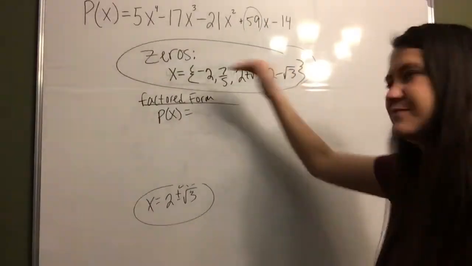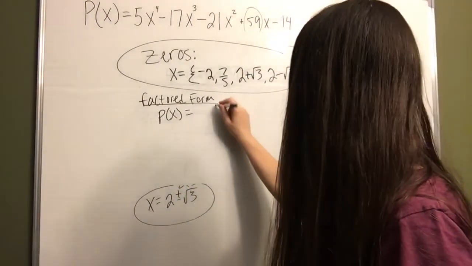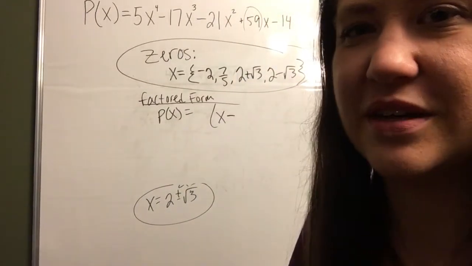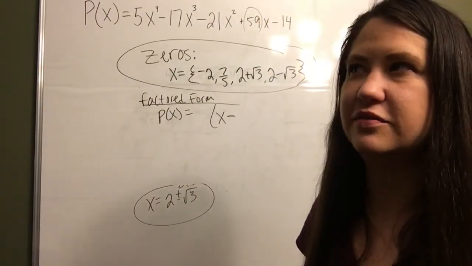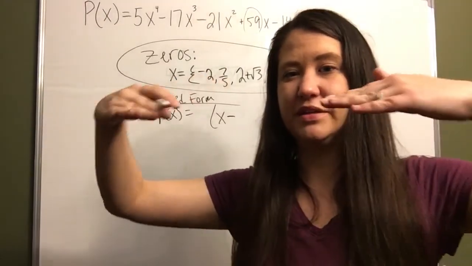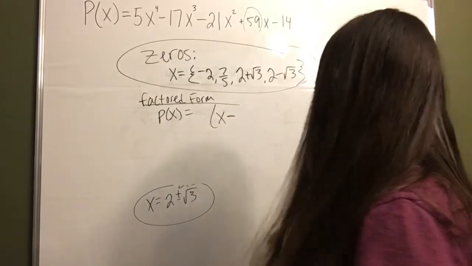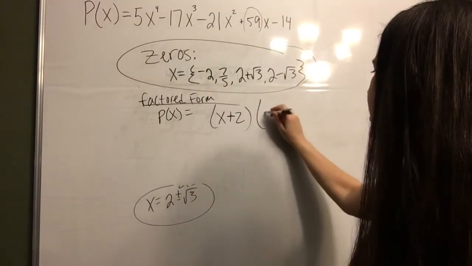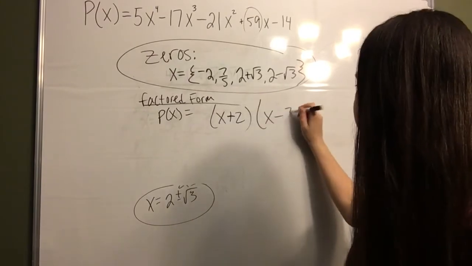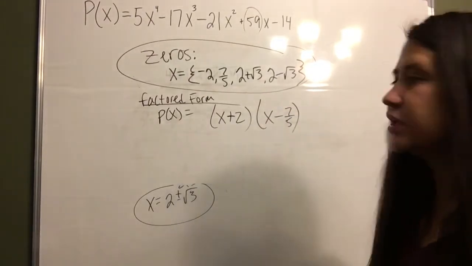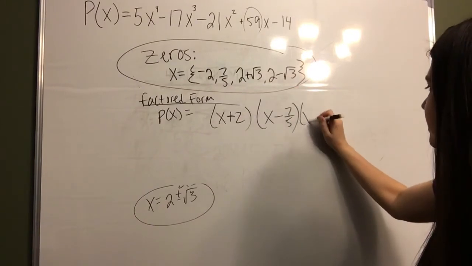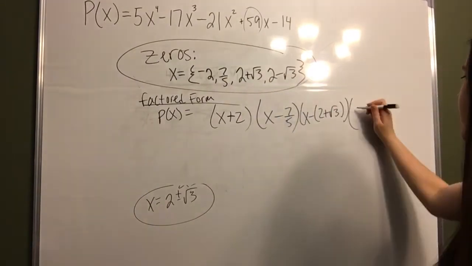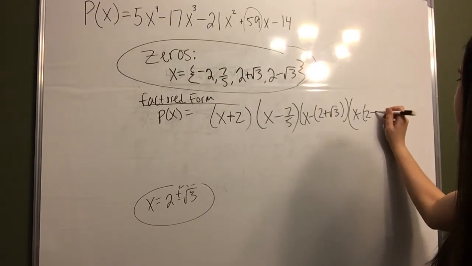So it'll be x minus negative 2, but what's x minus negative 2? Minus negative does not turn into a plus. So we get x plus 2 to give us that 0. x minus 7/5 for that one. x minus 2 plus radical 3, and then x minus 2 minus radical 3.